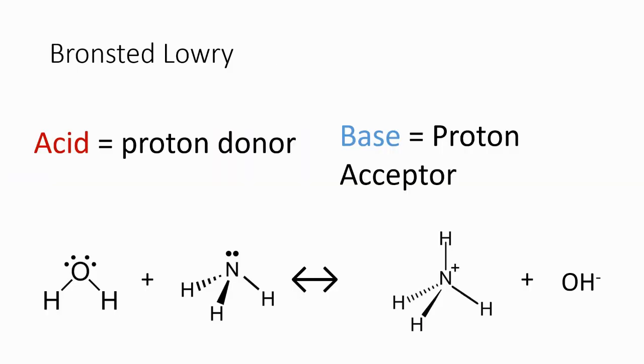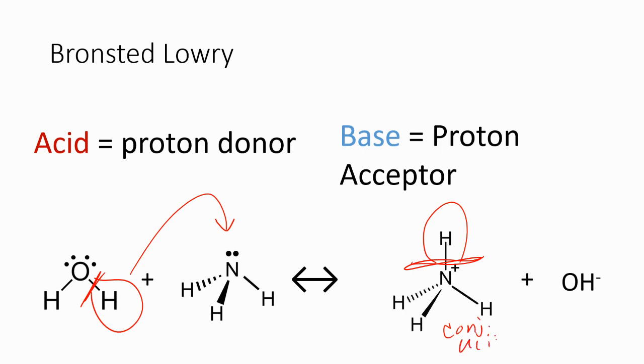All right. So at the end of the day, when we look at this, this had the H and this didn't. And so now this has an extra H. Here's the hat, right? So this one had the hat. And then it gave it to this thing. And now this has the hat. So this is the conjugate acid. And it got that from the acid.